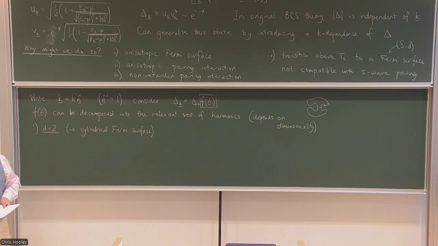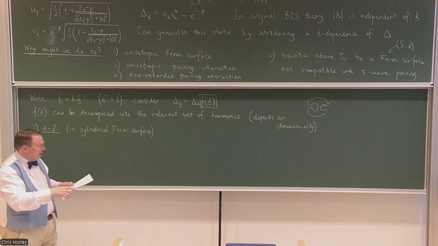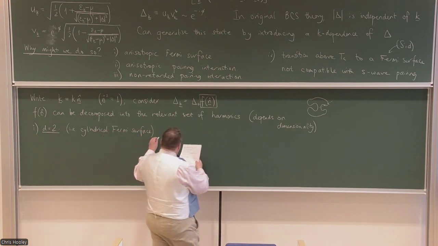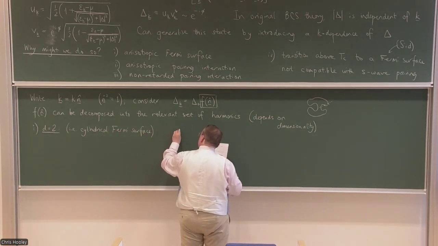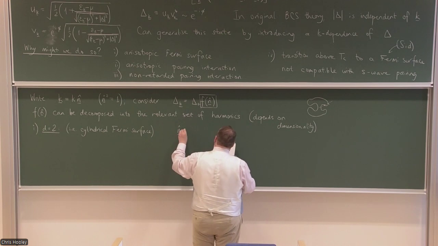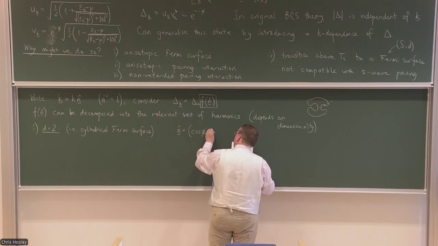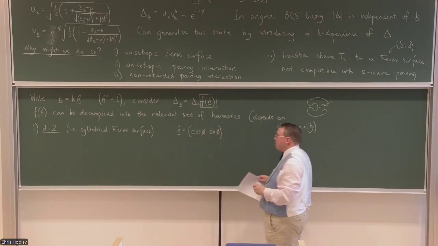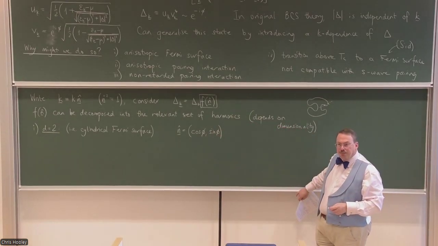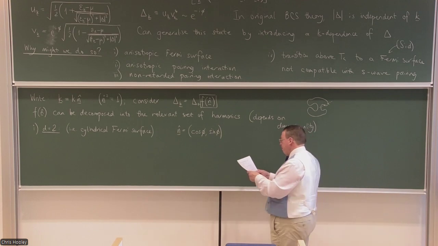But that means the only angle that matters is the azimuthal angle in the plane. And so this is quite easy then, because we can just say that this unit vector is parameterized this way by that azimuthal angle.